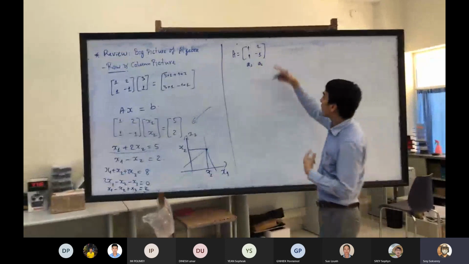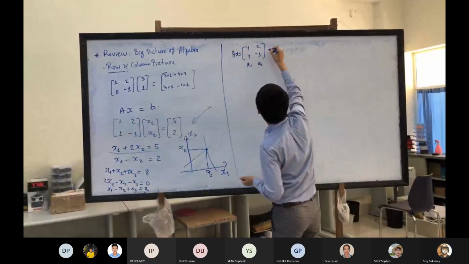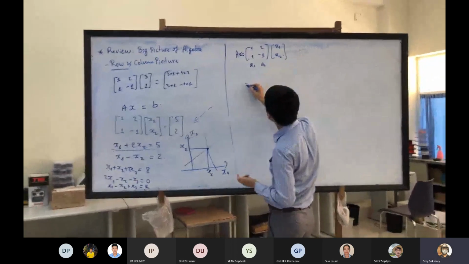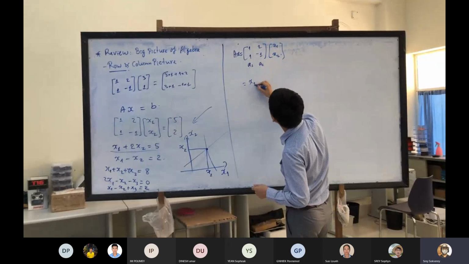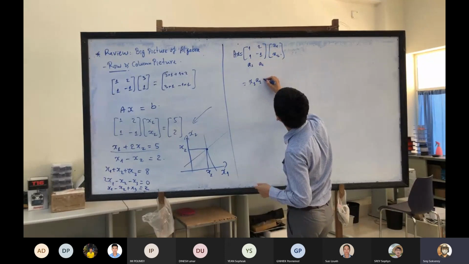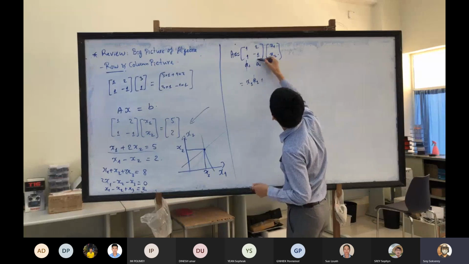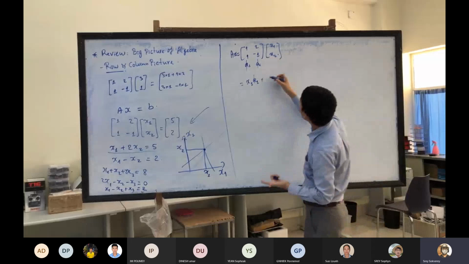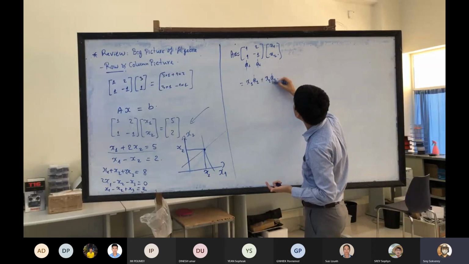So when you multiply it by h, you got h1 here, h2 here. You multiply this way: h1 times column vector A1, plus h2 times A2.